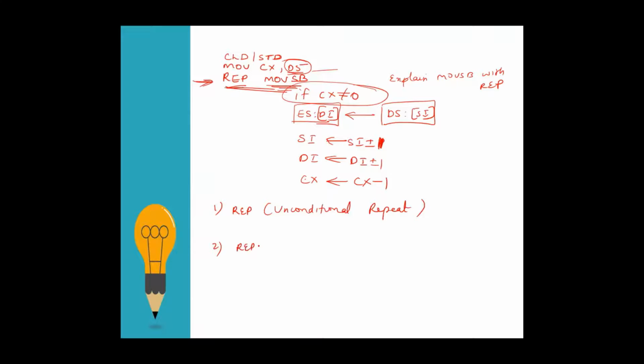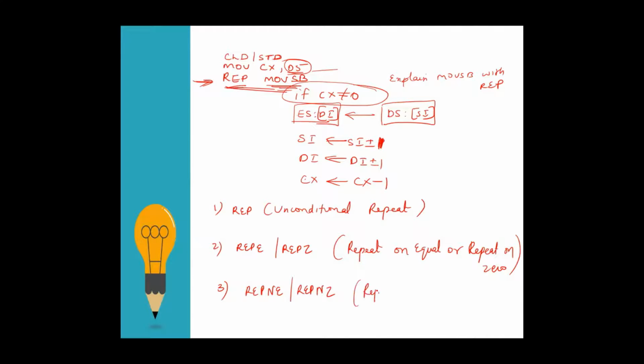The second type of REP is repeat if equal or repeat if 0. This is repeat on equal or repeat on 0. The third category of repeat prefix is repeat if not equal and repeat if not 0.